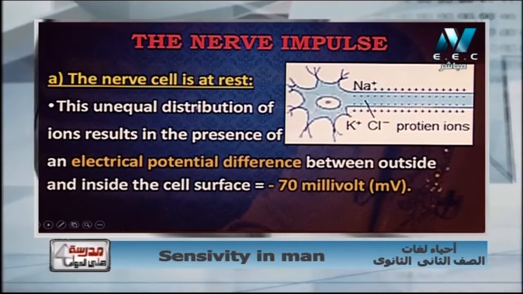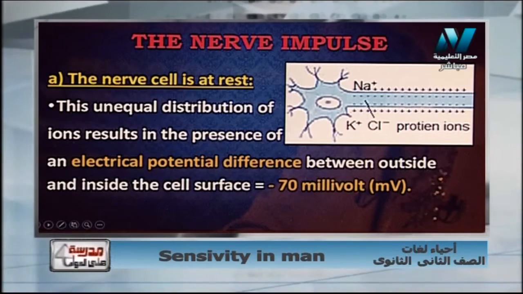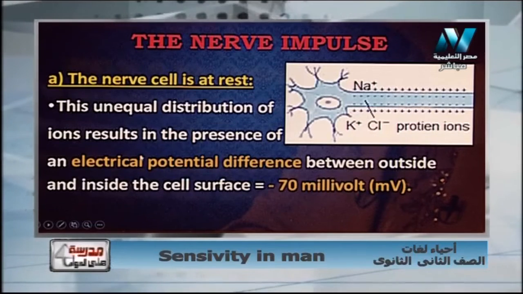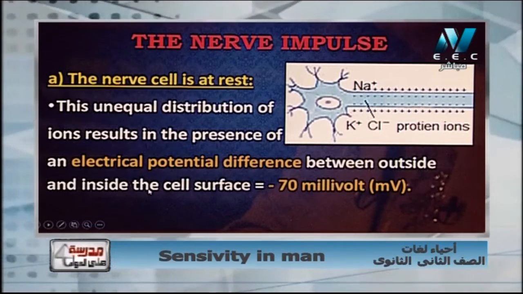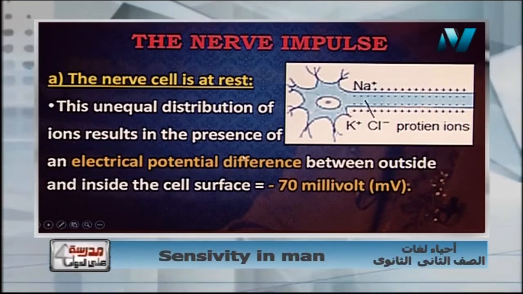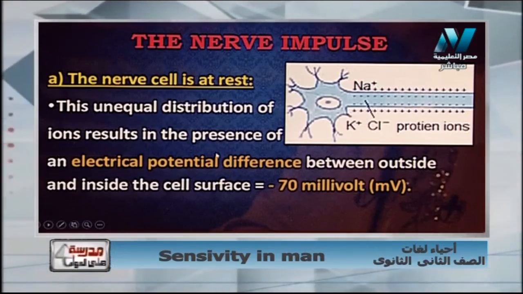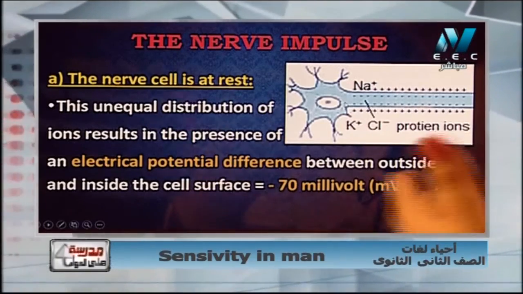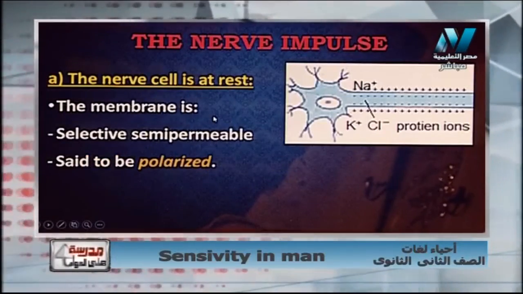This unequal distribution of ions results in an electrical potential difference between outside the cell and inside the cell, the neuron. And this equals negative 70 millivolt. So like a pool, we have two pools, positive and negative, and the difference between them equals negative 70 millivolt.